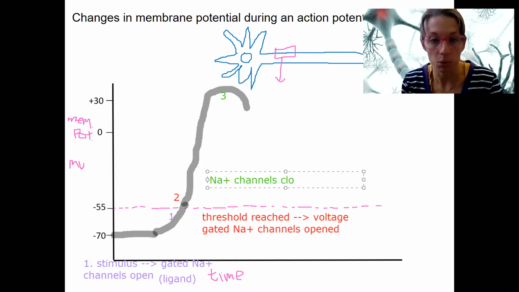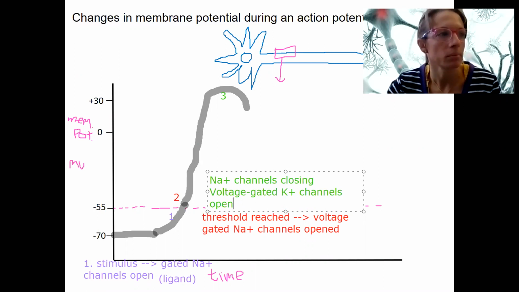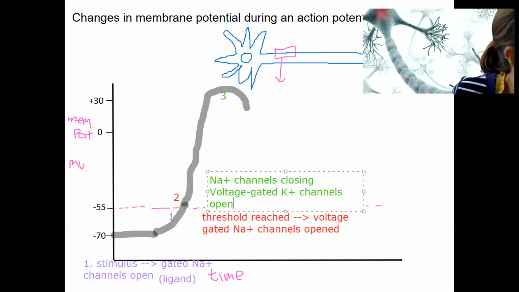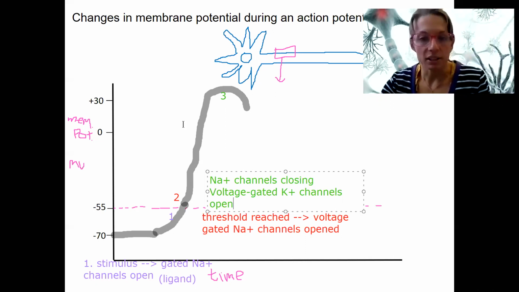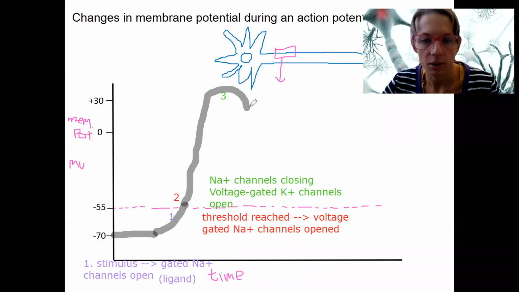And one more thing, we also have voltage gated potassium channels opening. What happens when potassium channels open? Potassium goes out down its electrochemical gradient. So that's what's going to happen all the way down this way.